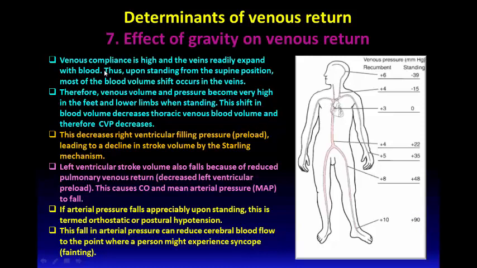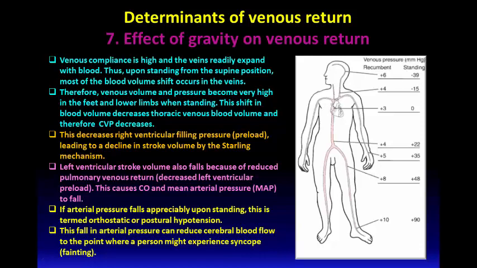As you all know, venous compliance is high and the veins have high distensibility. Thus, upon standing from the supine position, most of the blood volume shift occurs in the veins. As a result of that, venous volume and pressure become very high in the feet and in the lower limbs when someone is in the standing position.